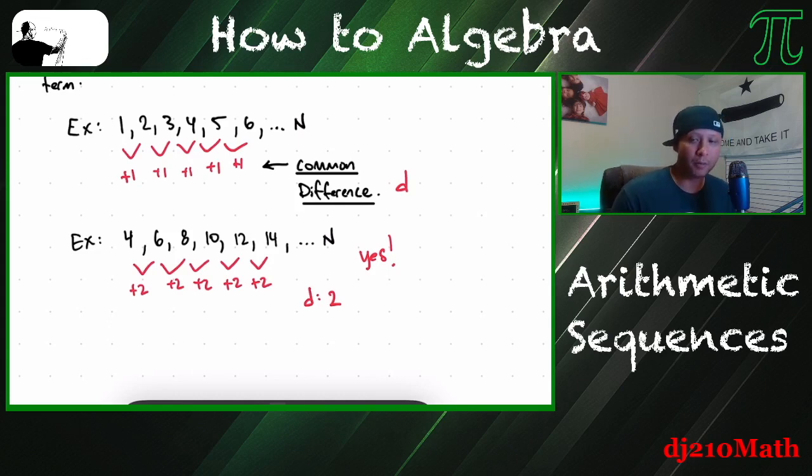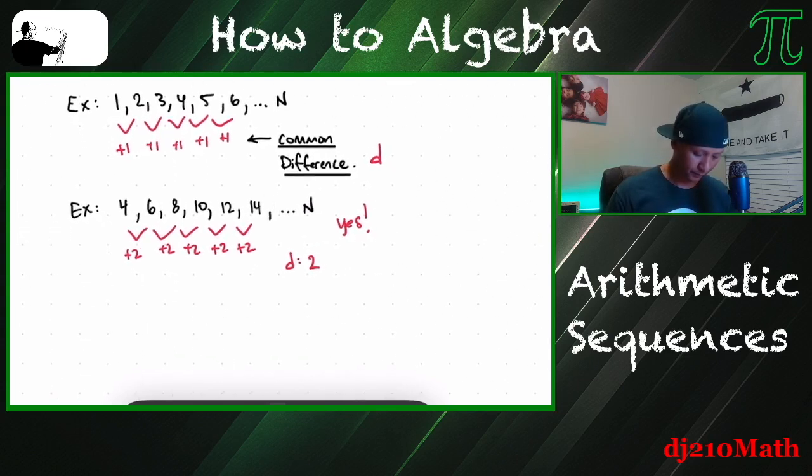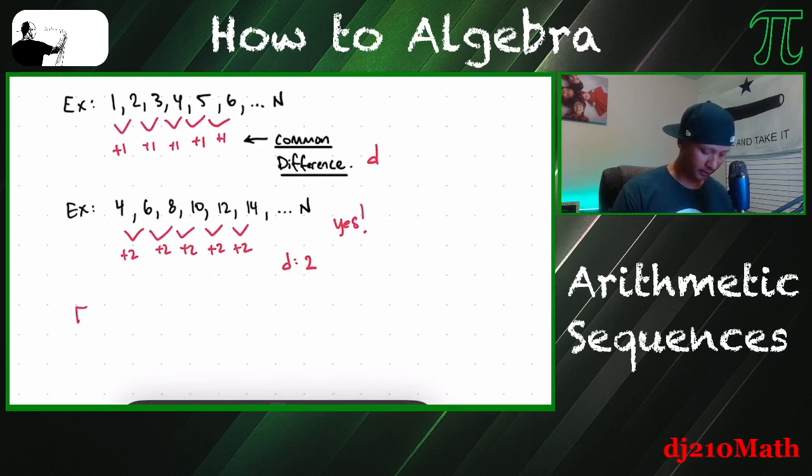Could you come up with the 10th term or the 50th term or the 100th term? What would the 100th term be if the pattern kept going? That's one of the questions. And not only that, but there's a formula that I'm about to show you that you can use to find any term in the sequence. The formulas would be best committed to memory. So first off, let's start. We're going to use the common difference.